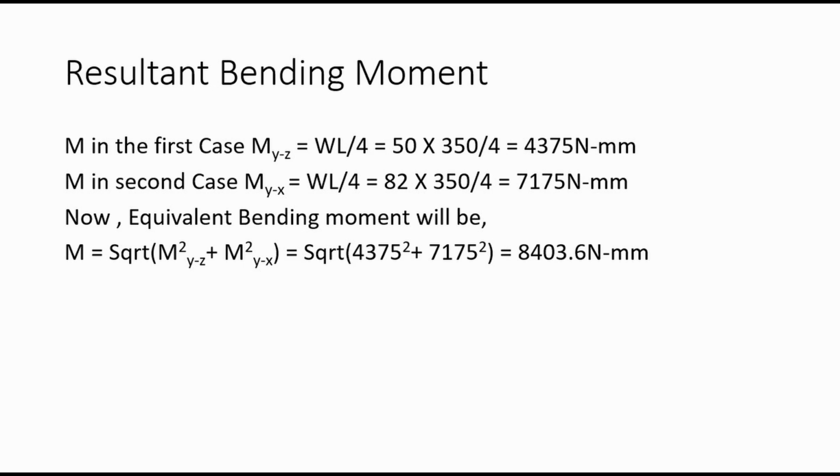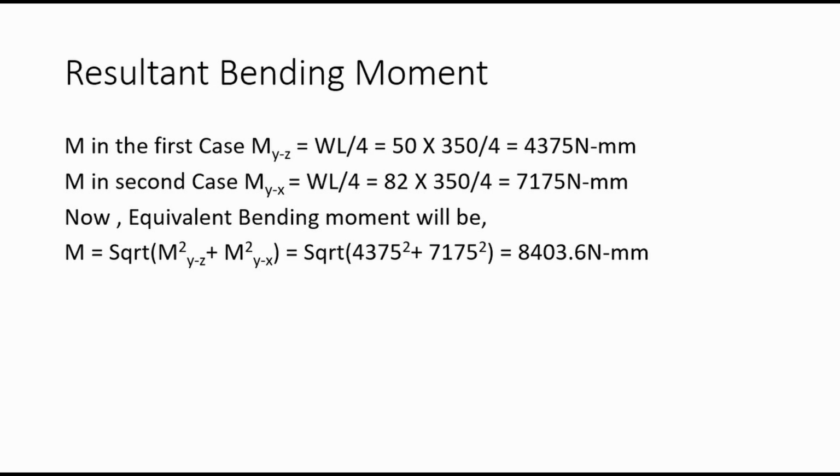Moment in the first case at point C, which is a critical point where the maximum effect of loading will occur. M in the first case, MYZ will be given by WL by 4, where W is 50 Newton and L is 350 mm. So 50 into 350 divided by 4 will give me 4375 Newton millimeter.